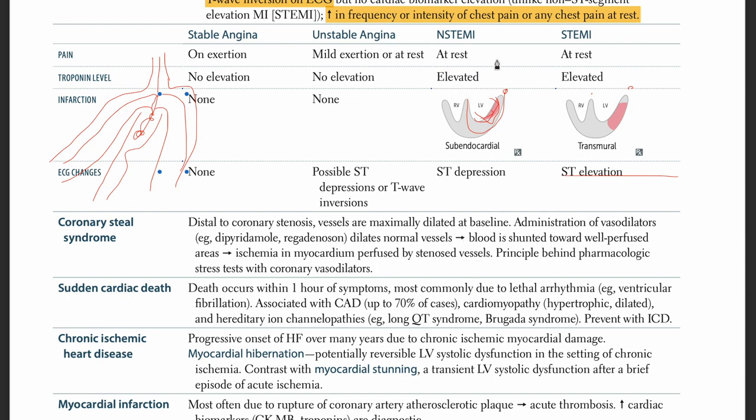This is the principle behind the pharmacologic stress test with coronary vasodilators.